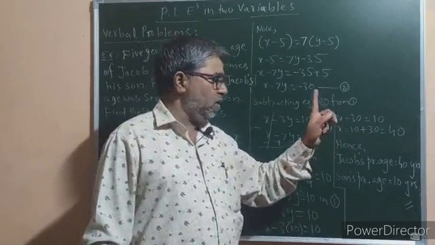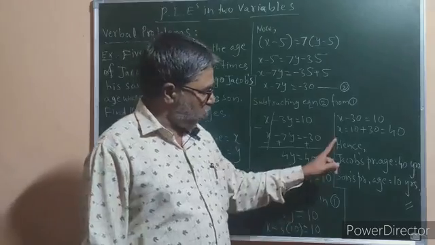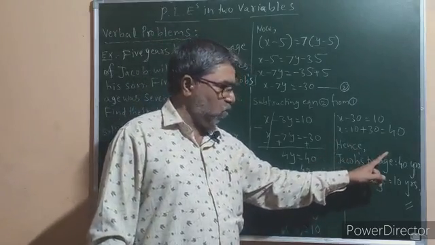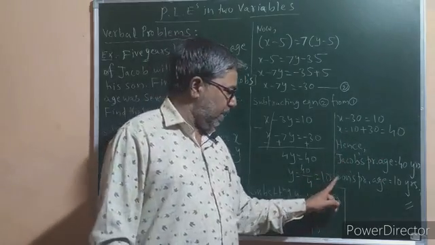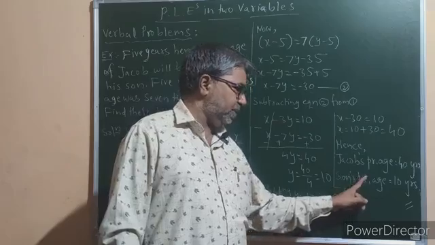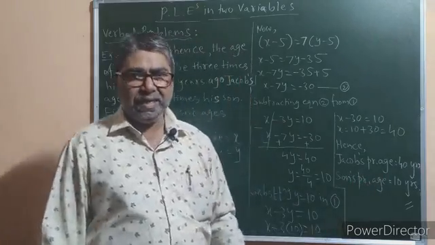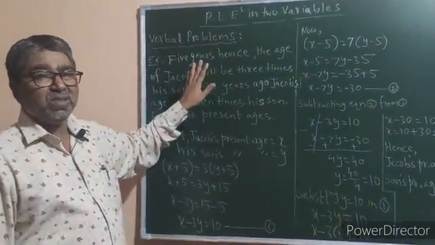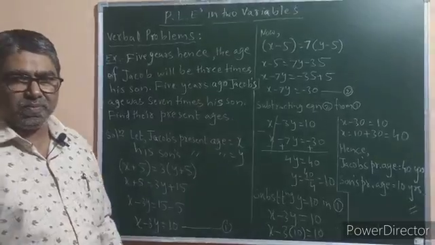Hence the value of x will be 40. So our answer: Jacob's present age is 40 years and his son's present age is 10 years. So in this way, this is the solution of today's first example.